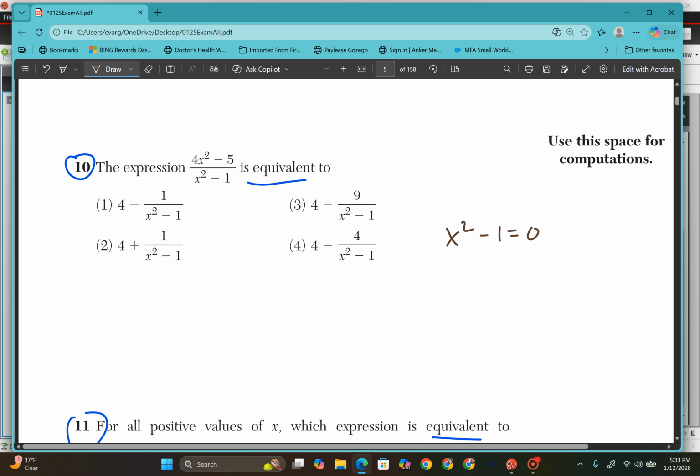So you get x squared is equal to 1. So what is x going to be? +1 or -1.